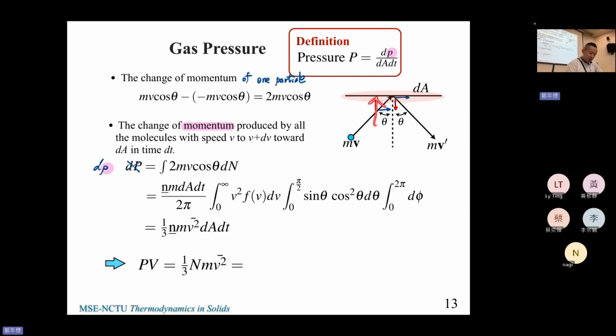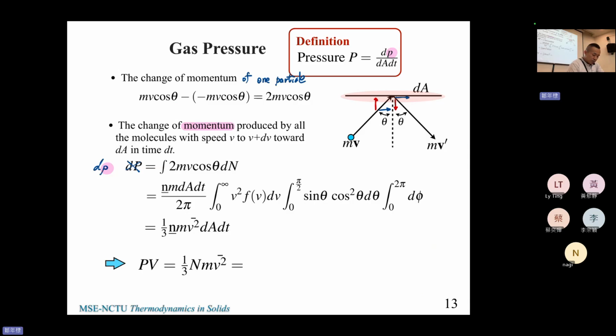So the vertical direction is what changes the momentum. The momentum is mv cosine theta, upward positive, and this is minus mv cosine theta.